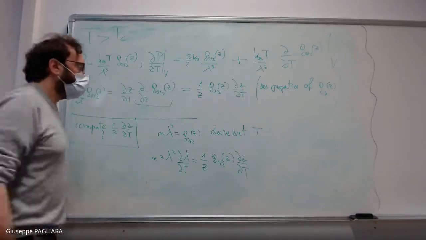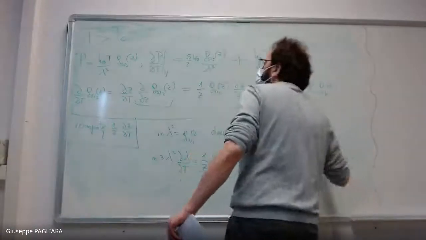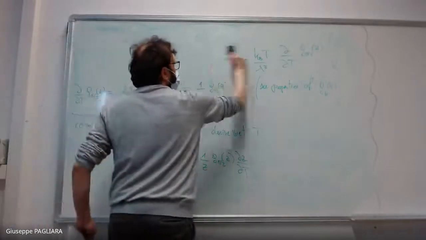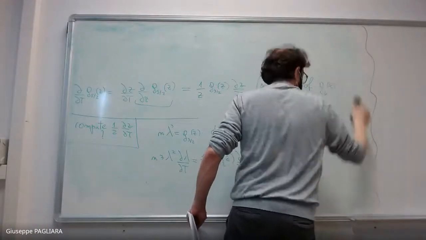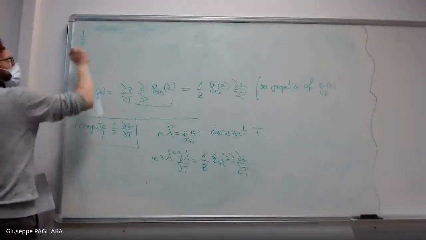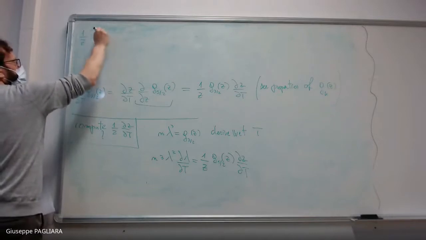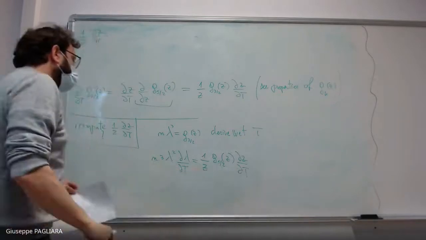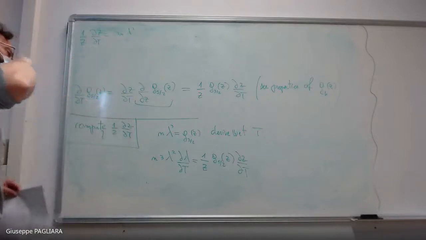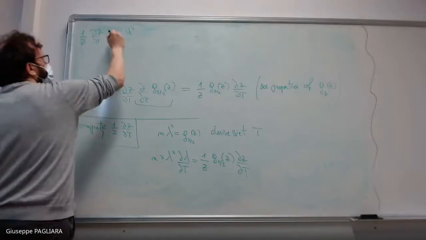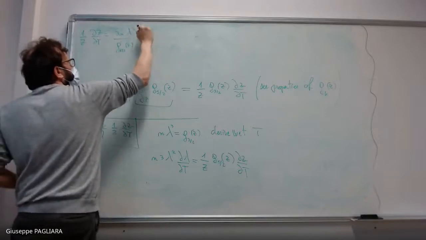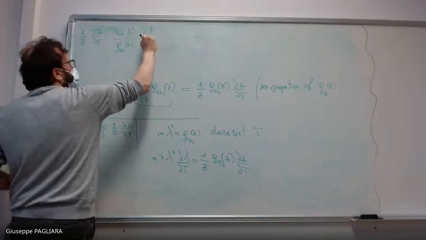Okay, good. Now from here, I can see that 1 over z derivative of z with respect to temperature is equal to 3n lambda squared divided by g_{1/2} of z, and then I have the derivative of lambda with respect to temperature.